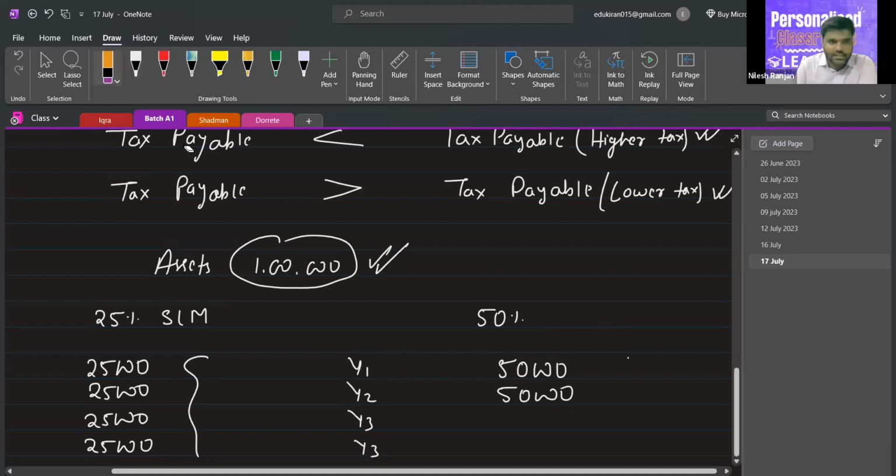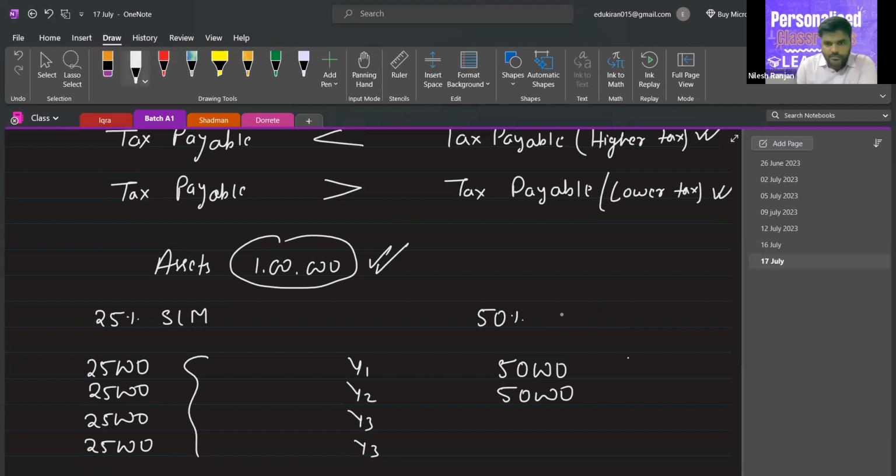Not WDV, SLM. I'm just taking a different tax rate. So 25% SLM in the Companies Act and 50% SLM in the Income Tax Act. In the first year, depreciation is higher in the Income Tax Act. In the second year, depreciation is higher in the Income Tax Act.